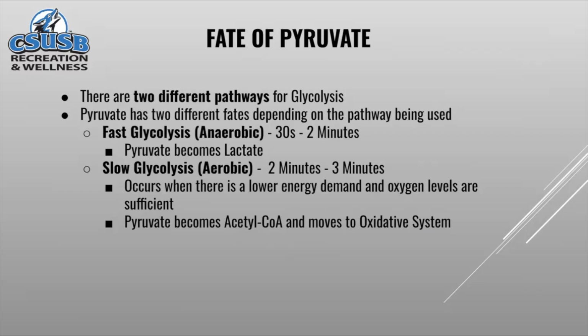When we have a more aerobic based activity, longer durations, lower intensities, like jogging, we are going to have our pyruvate become acetyl-CoA and it'll move into the oxidative system, right? That one we saw at the beginning, super slow, low intensities, long durations. That is the second part of glycolysis. So again, we have our anaerobic and then our aerobic glycolysis.